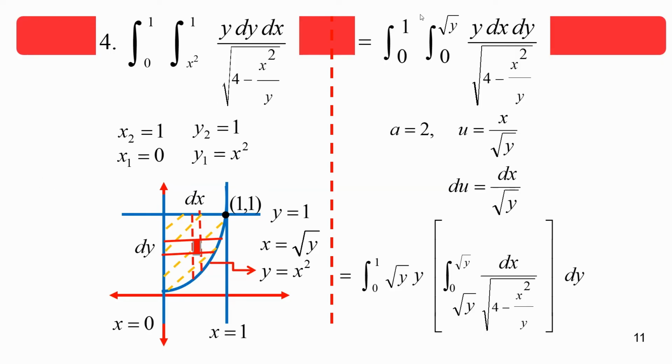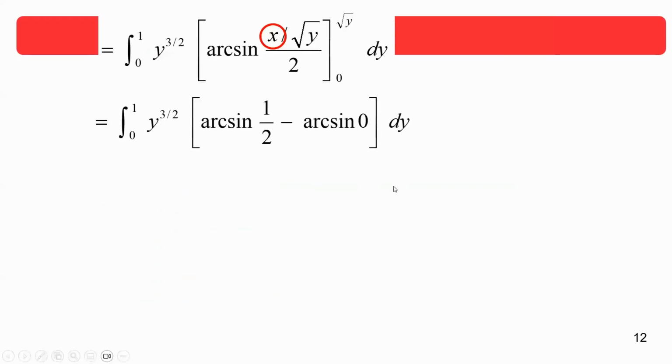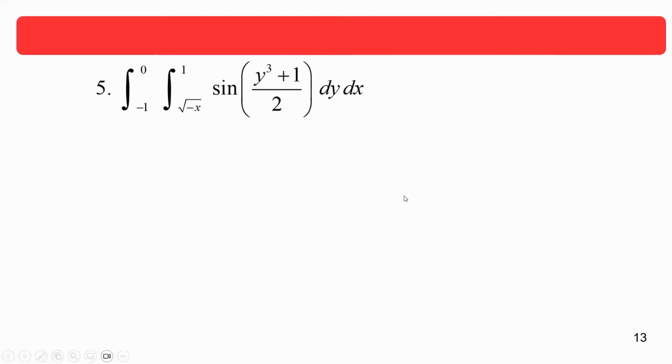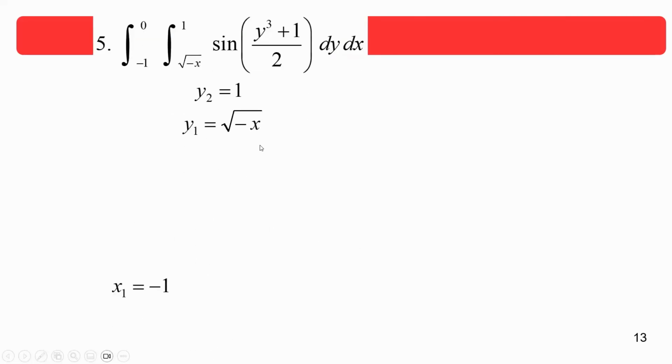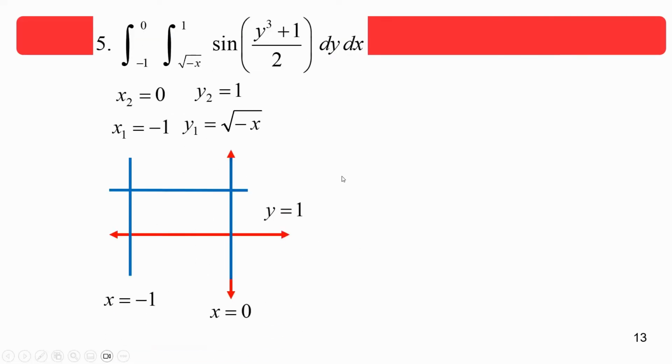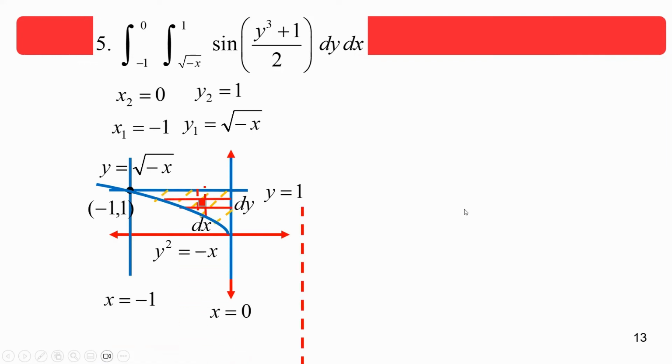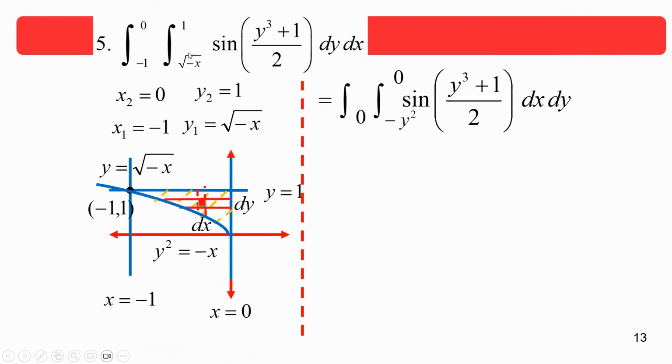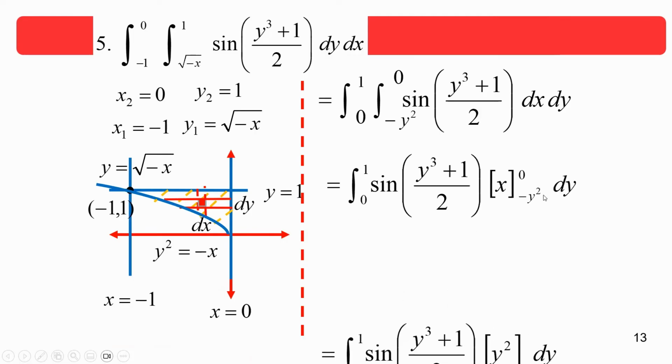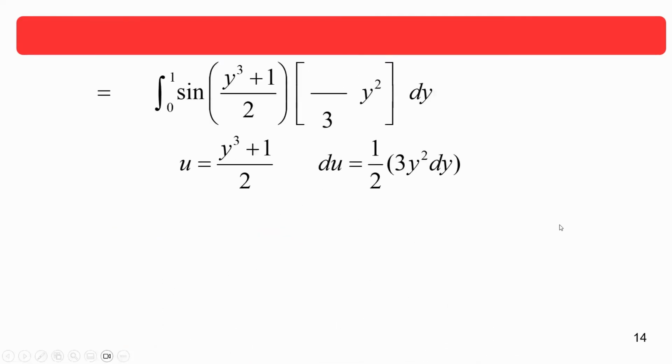So you can evaluate the new limits. The final answers are already given as well. There. And another problem with the old limits and the new limits. You can see in here the change in limits from dy dx and then the new limits of dx dy. And then the final answers are provided for you to study.